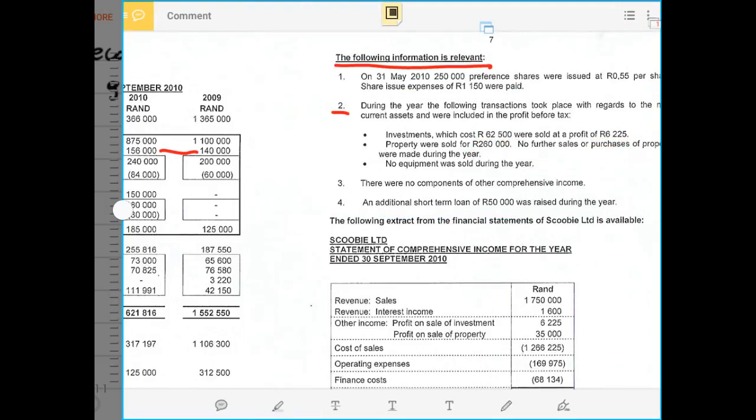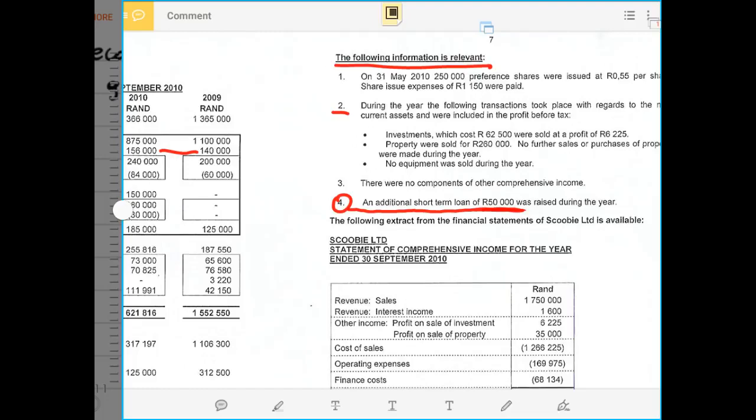Then number 3 has no other components of income, but there's no need for us to record that because there was no other comprehensive income. However, number 4 will be cash flow from financing activities, because we finance our investments through the loan that was raised.